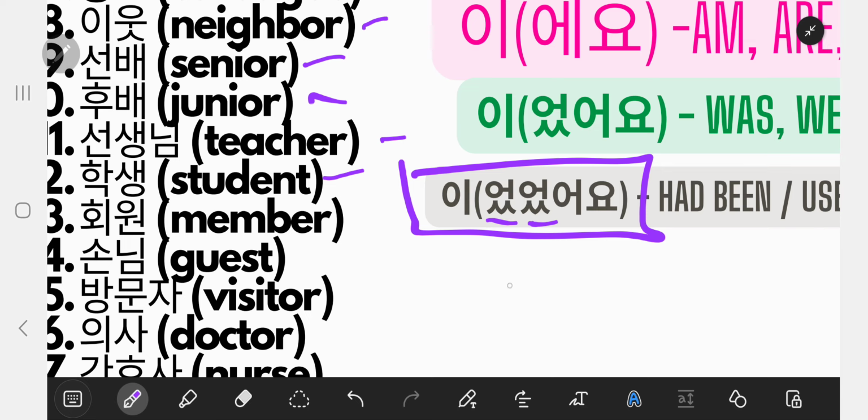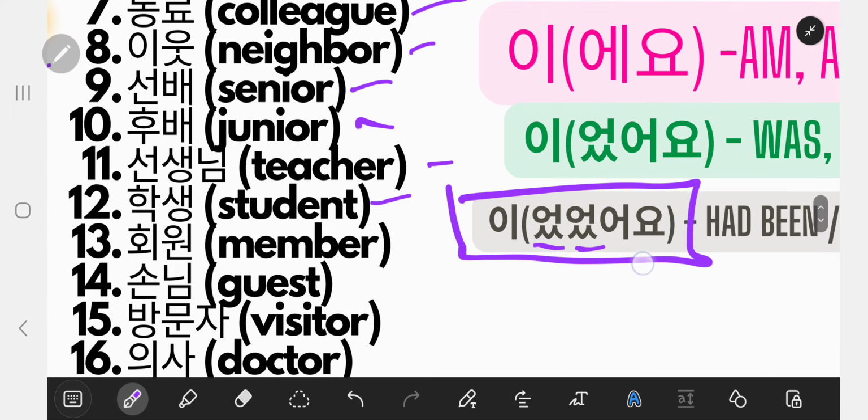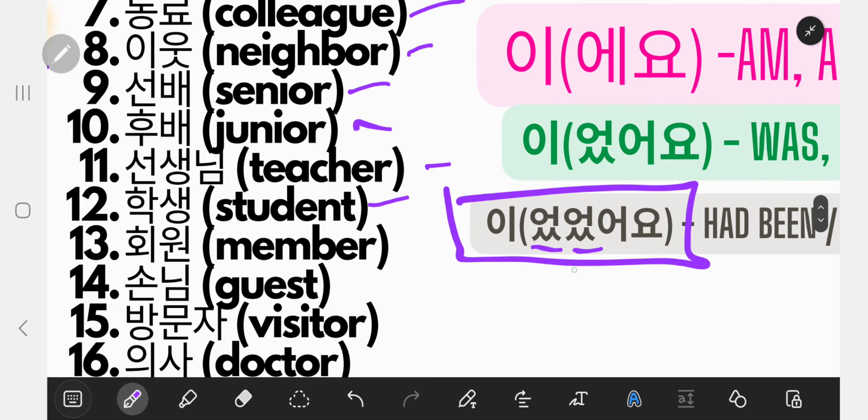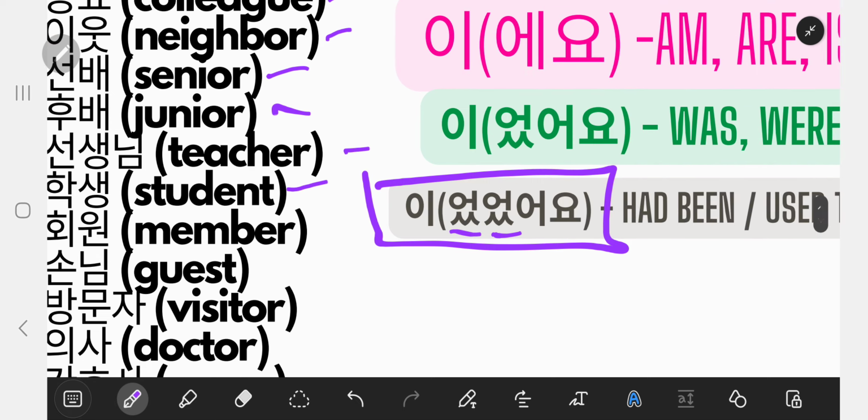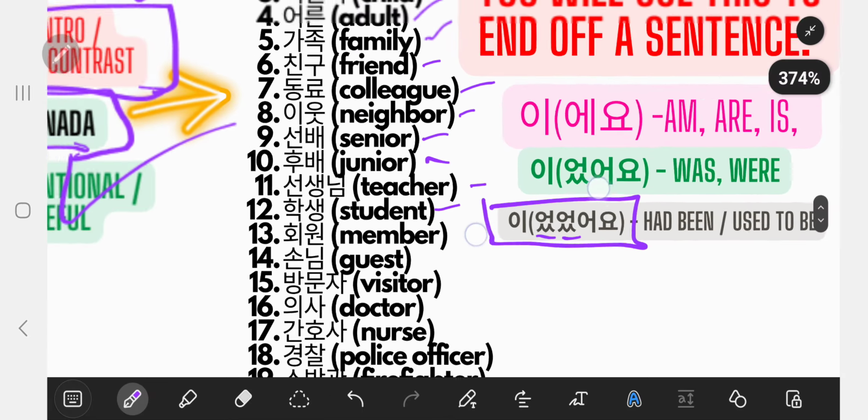You memorize how to say 있어요 or 이었어요. 있어요 is a different word, means to have, but you memorize how to say it. And of course, knowing the rules is also important too.